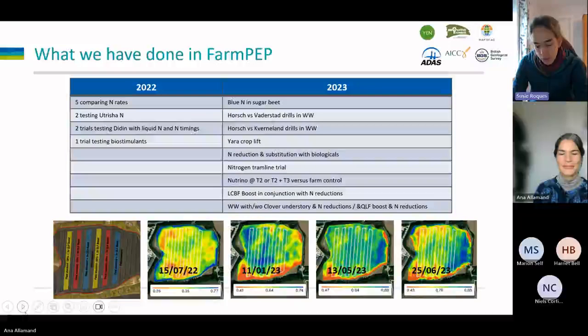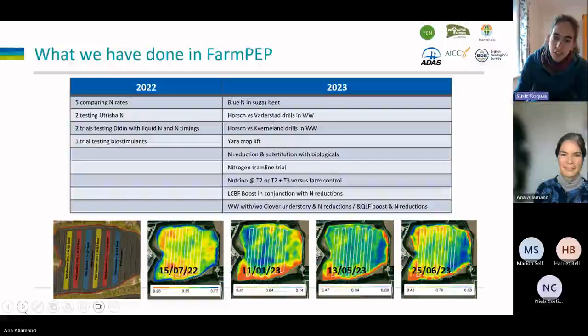And some of the trials were not as well designed as they could have been. We had not very much replication, and one or two of them had some real problems with underlying variation. And so by repeating the project in 2023, we saw a big improvement in trial designs. People had really taken on board the messages about replication and checking out the variation in the field.